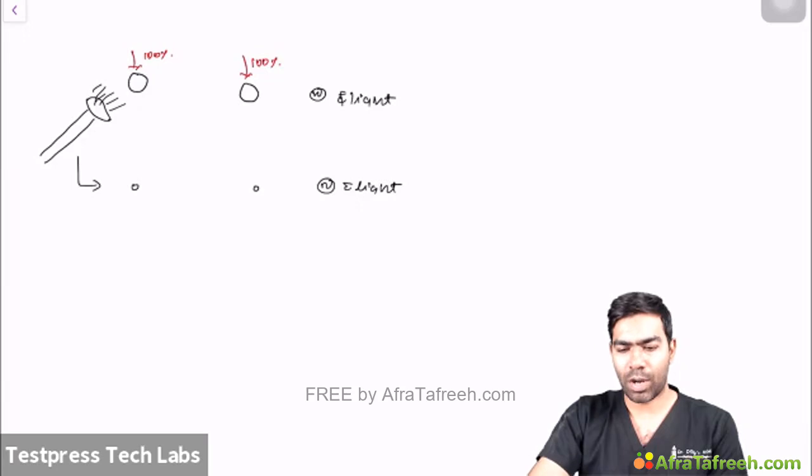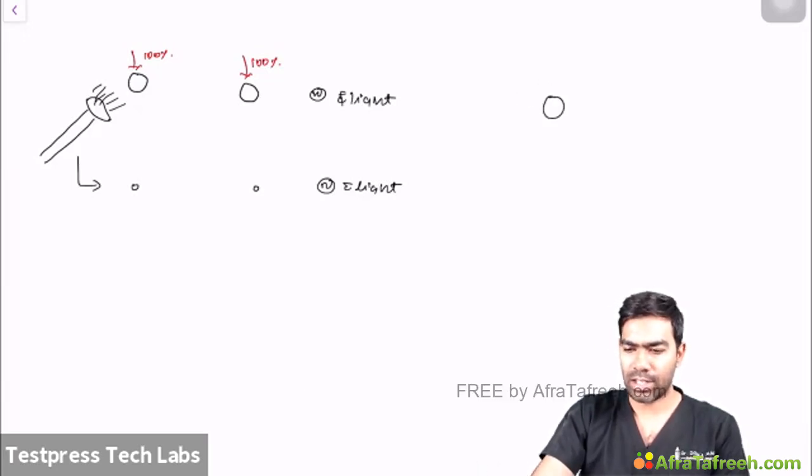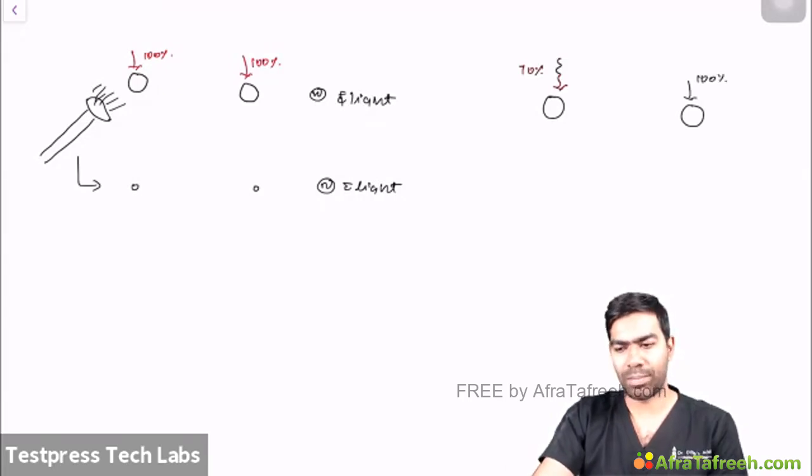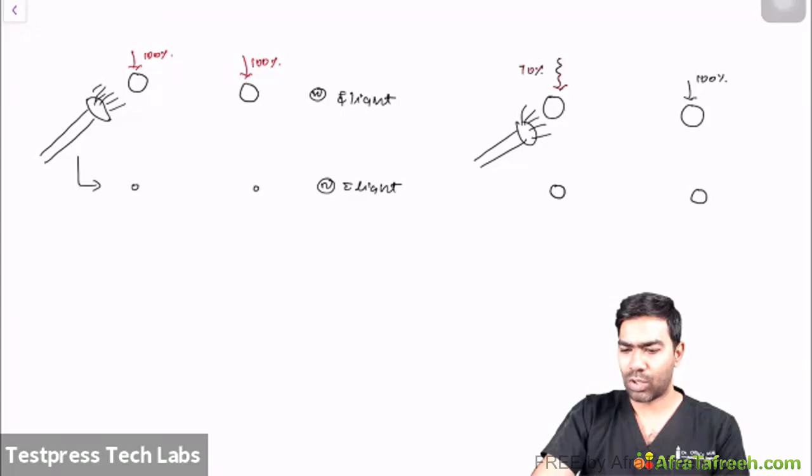But in the setting of an optic neuritis, let us assume this eye is receiving only probably maybe 70% of the innervation, and this eye is receiving 100% innervation, just to make you understand. Now when you are showing light on this particular eye, this eye will go for constriction and this eye will also go for constriction.